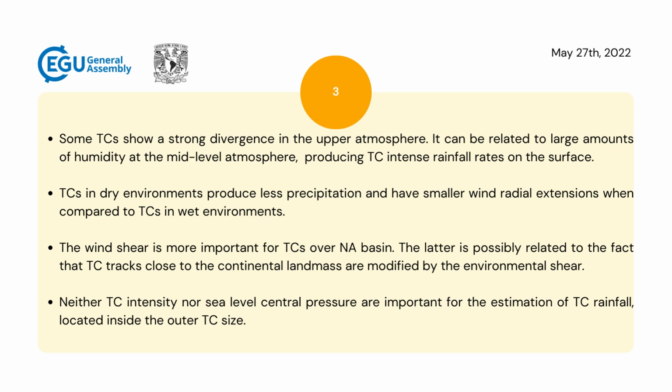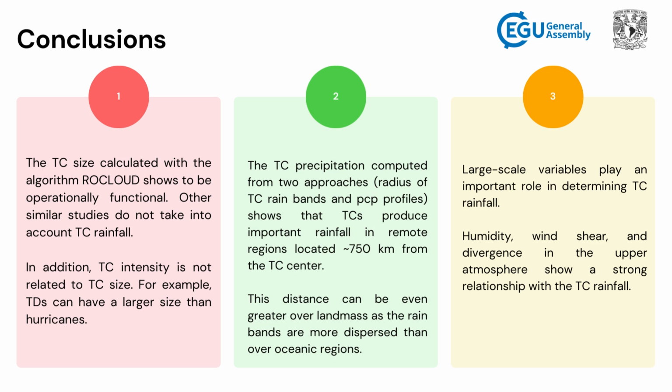The latter is possibly related to the fact that tropical cyclone trajectories near the landmass are modified by environmental shear. And finally, neither tropical cyclone nor sea level pressure are important for the estimation of tropical cyclone rainfall related with the inside of the outer tropical cyclone size.